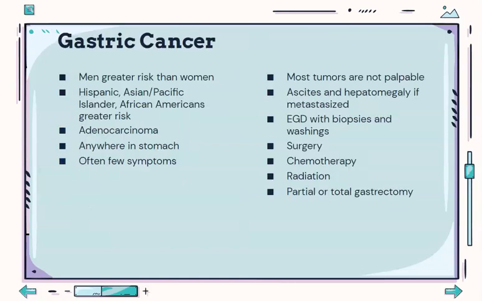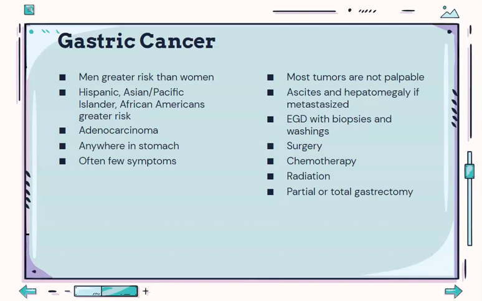Moving on to gastric cancers and colorectal cancers. So men are at greater risk than women for stomach cancers. Your Asian, Pacific Islanders, Hispanic, and African Americans, they start out or are most commonly adenocarcinomas. They can really be anywhere in the stomach, and there are often few symptoms, so they aren't caught early necessarily.